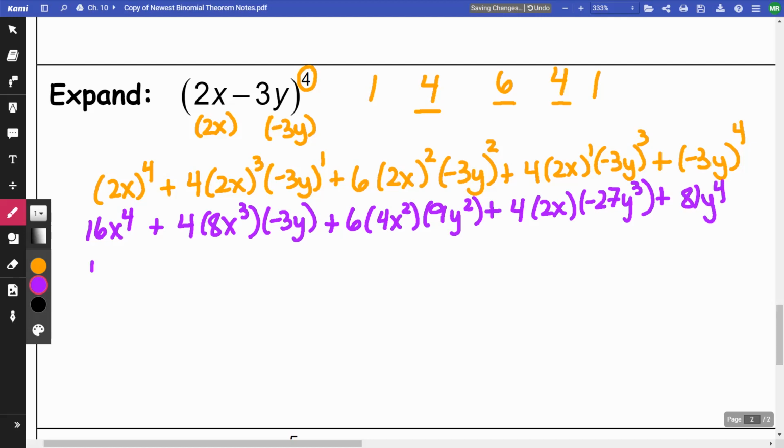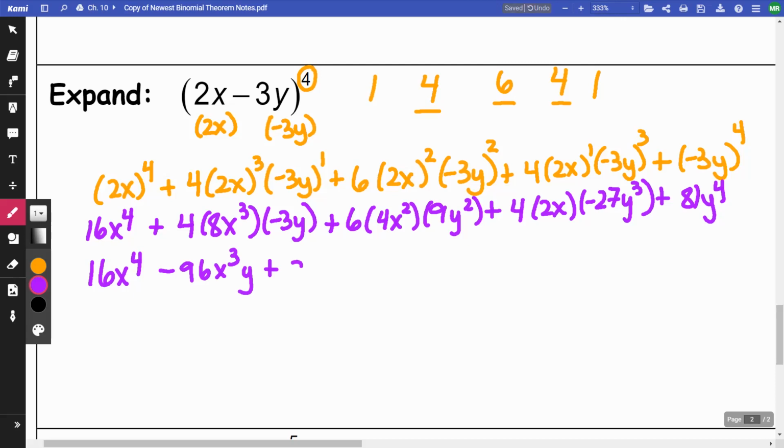So now I'm going to work this out. So it's going to be a 16x to the fourth. And I'm going to have 4 times 8 times a negative 3. I get a negative 96 x to the third y. Plus, here I have a 6 times 4 times 9.